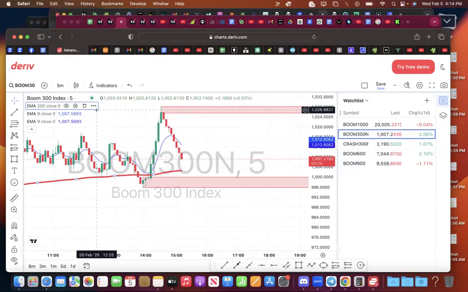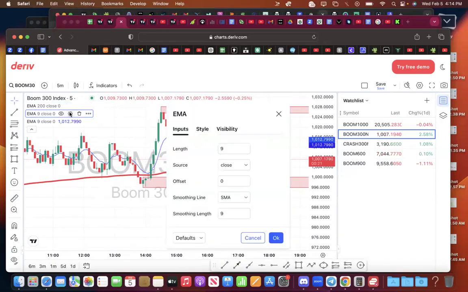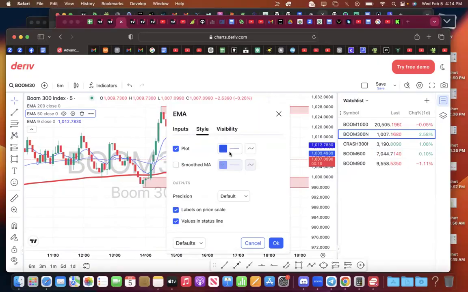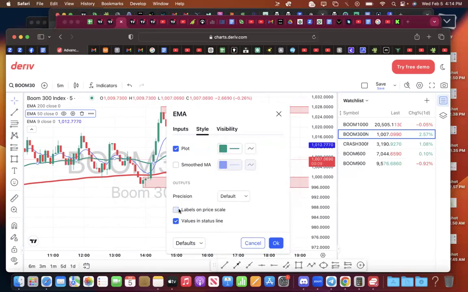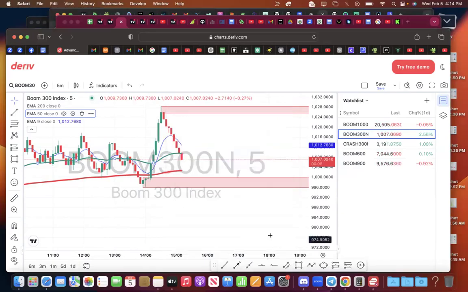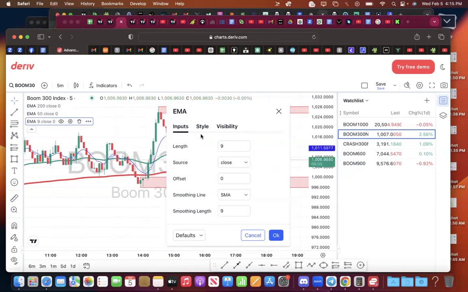Okay, so this is 50 EMA. So that can be green, and maybe it's a third layer. I'm going to take out this. Then the third one could be 14 EMA.